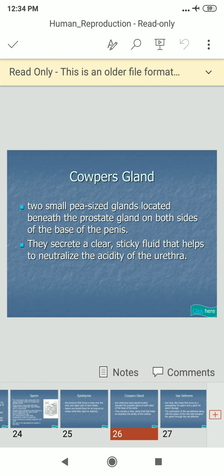The Cowper's gland is a small pea-sized gland located beneath the prostate gland on both sides of the base of the penis, and they secrete a clear sticky fluid that helps to neutralize the acidity of the urethra.